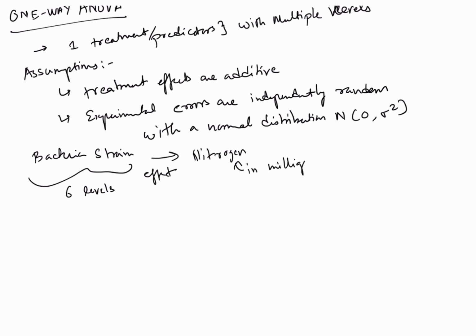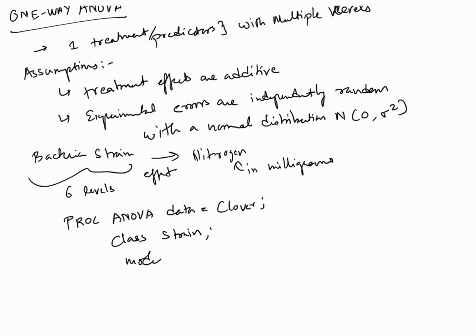So if that is the case, then how do you write PROC ANOVA? PROC ANOVA data=clover; class strain; model nitrogen=strain; run; That's the SAS code that you will be writing down.